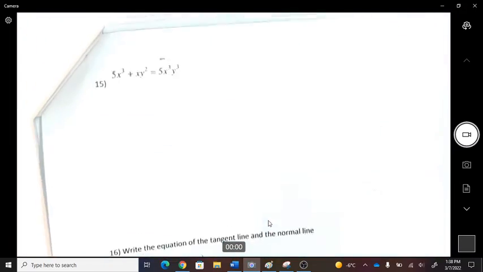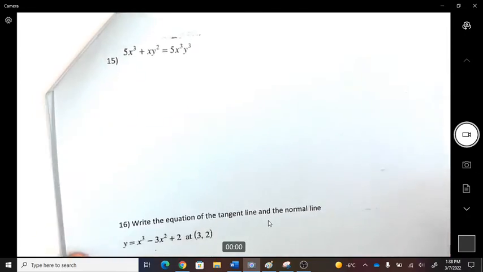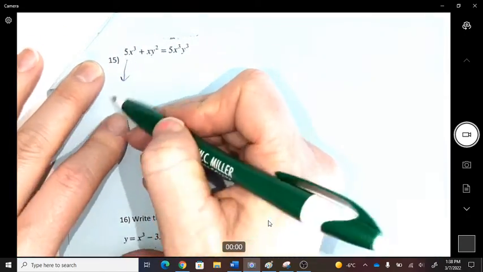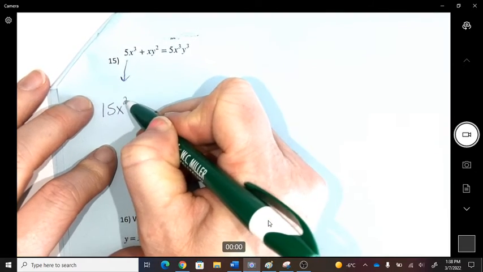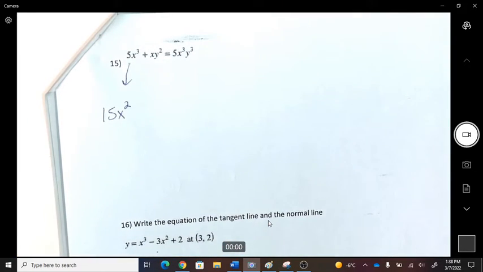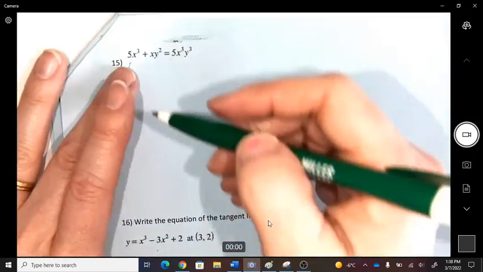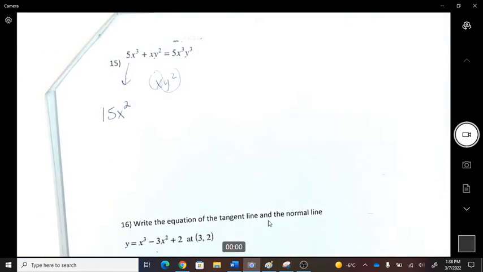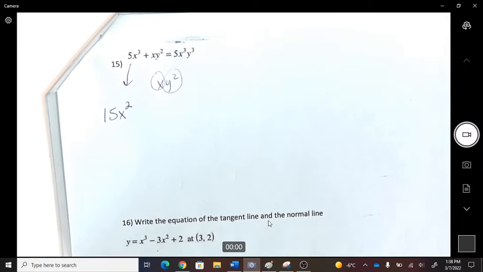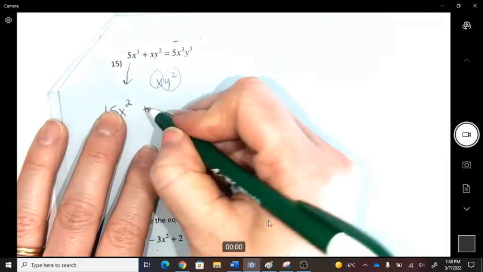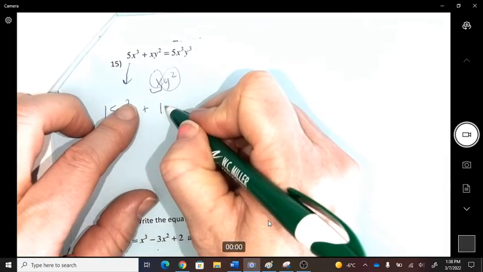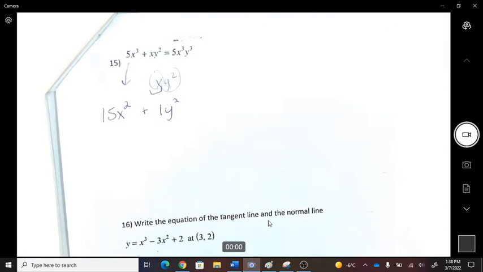Okay, number 15. Deriving each one separately, so here we go. So this is 15x squared. Okay, when I derive the next, I'm going to do a product. Okay, you ready? Deriving x is just 1 times the original y squared.